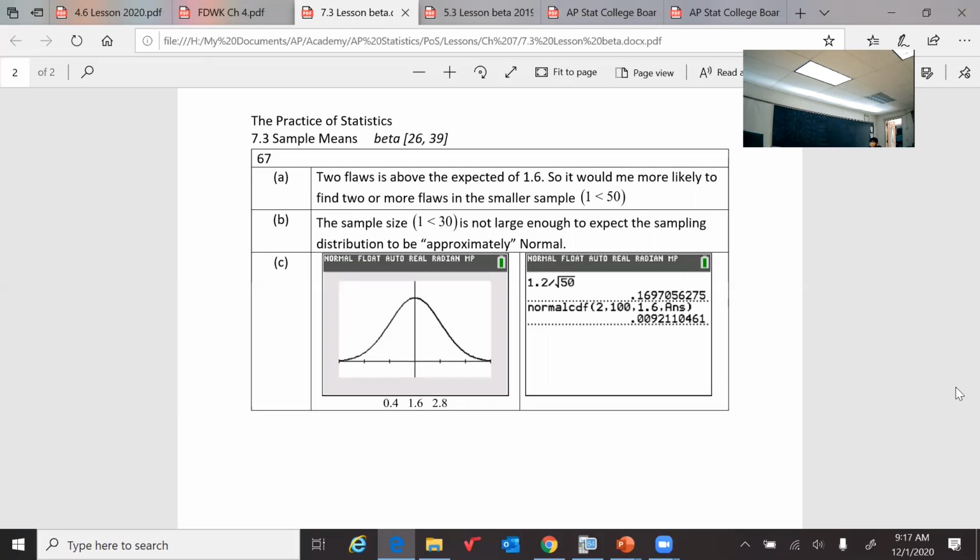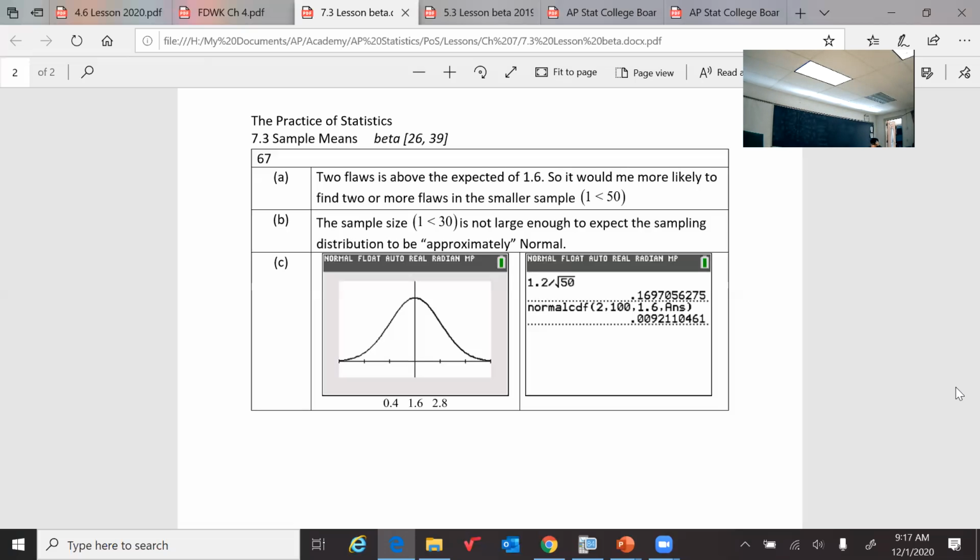More than 2 flaws. 2 to the right. I just did normal CDF, go from 2, and I made 100 an arbitrary large number to the right. With the center at 1.6, and this is the new step, and that's a little less than 1% chance that if you had a sample size of 50, you would find an average of 2 or more flaws.